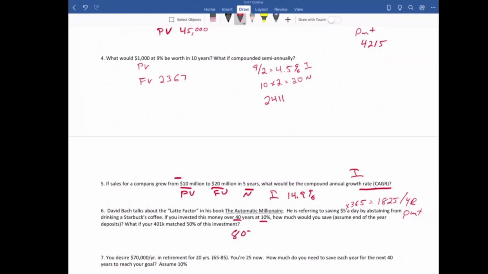That is the future value. If your company matched it for 401k with 50% more, we just multiply this by 1.5, which is adding 50% on, and that would be 1,211,596.